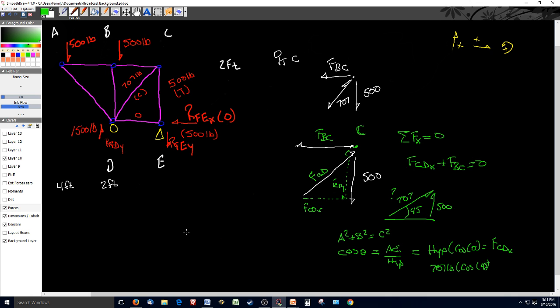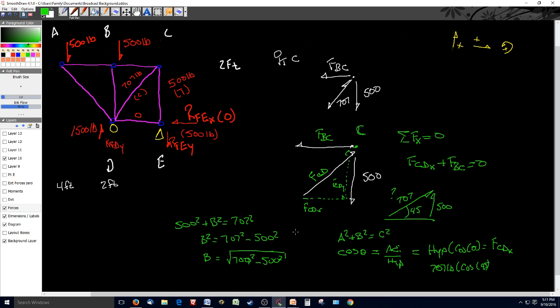Or I can come over and say that I'm trying to find b squared. a squared plus b squared, or 500 squared plus b squared equals 707 squared, or b squared equals 707 squared minus 500 squared, or b equals the square root of 707 squared minus 500 squared. Either one will solve the equation for me.